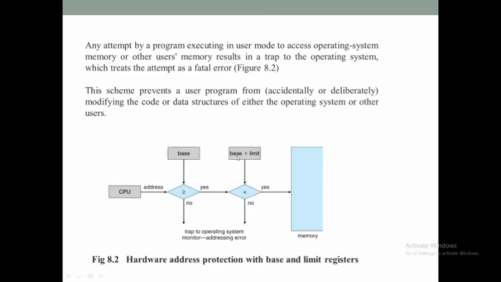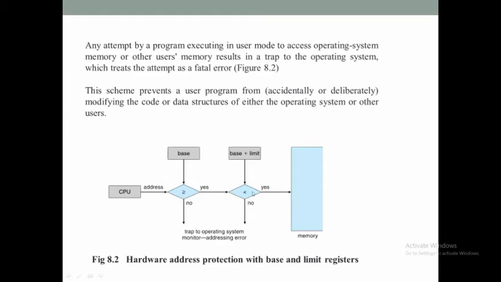Then base plus limit is 3000 plus 1200, that is 4200, and the CPU is trying to access address 4000. Yes, this process can access anything from 3000 till 4200. So 4000 is less than 4200, and the CPU will be allowed to access the contents of that address in the computer's memory.